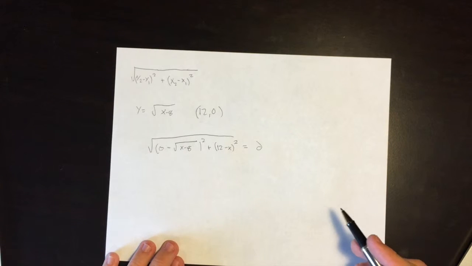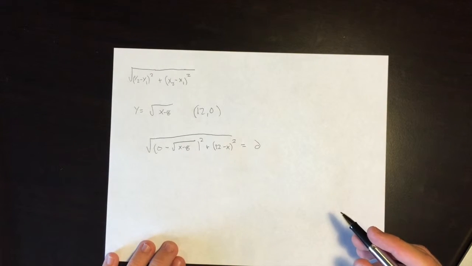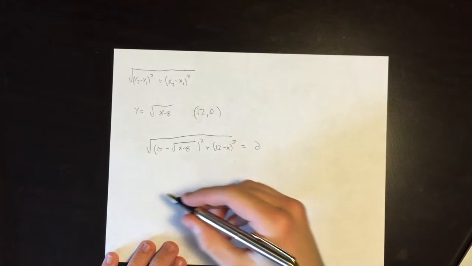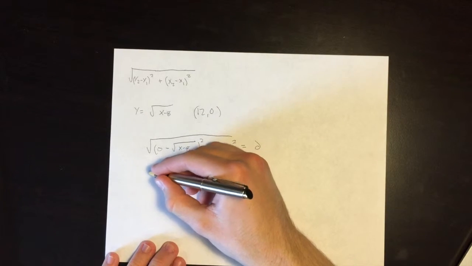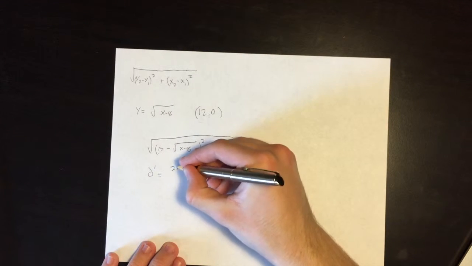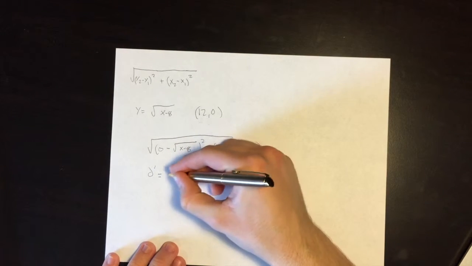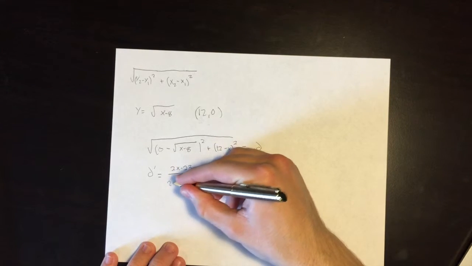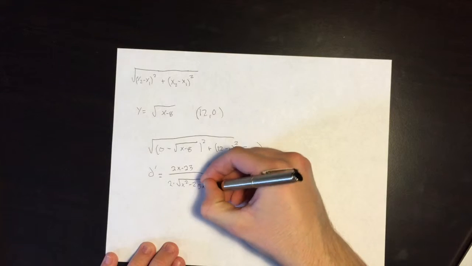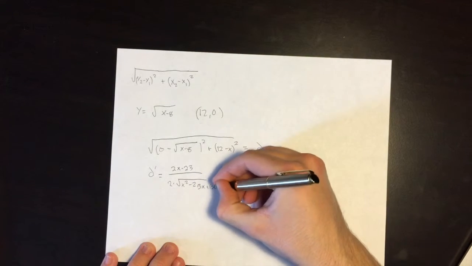Now, in order to do the optimization, we're going to have to take the derivative of the distance formula that we have here. And once we do that in our calculators, d prime is going to be equal to 2x minus 23 over 2 times the square root of x squared minus 23x plus 136.